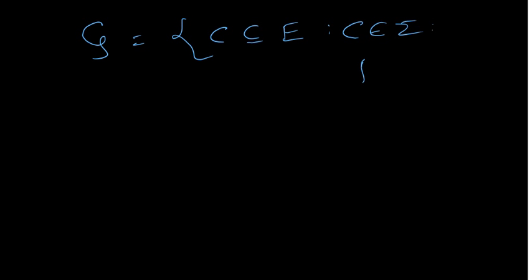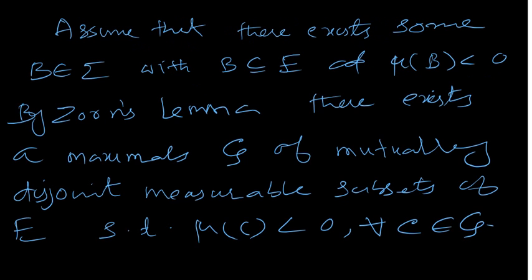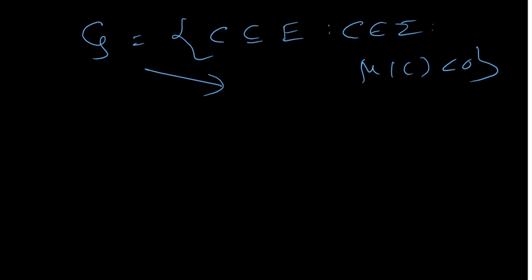C is those subsets of E such that C belongs to sigma and mu of C is negative, and this collection is maximal with this property.